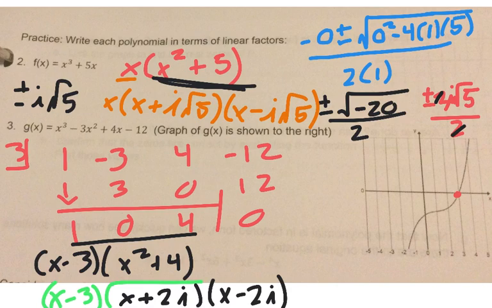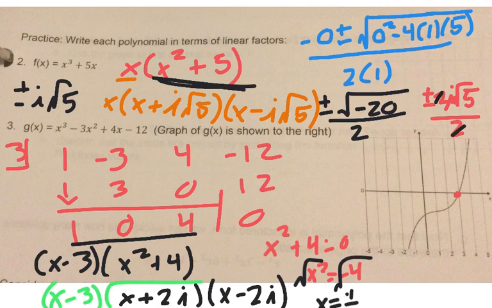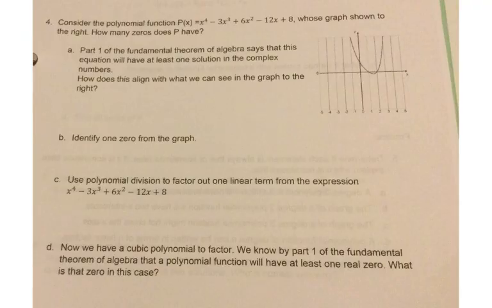That is another way you could do it. I could set x squared plus 4 equal to 0. That means x squared must equal negative 4. Take the square root, and so x equals plus or minus the square root of negative 4. It's 2i. So again, you could have done that on the previous one too. Just showing you a bunch of different ways. You just need to know one to be able to work these out.